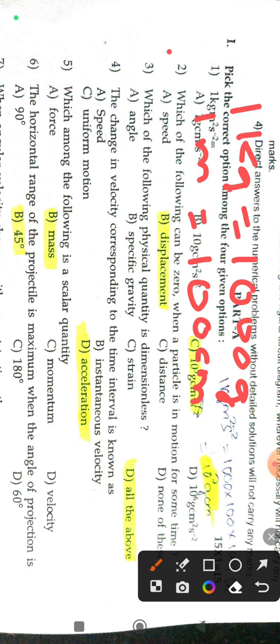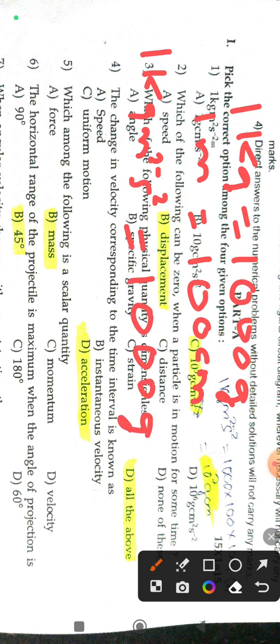Now see, what is the value of 1 kg meter square per second square? 1 kg means 1000 gram, into meter square. 1 meter is 100 centimeter, so meter square means 100 centimeter into 100 centimeter.